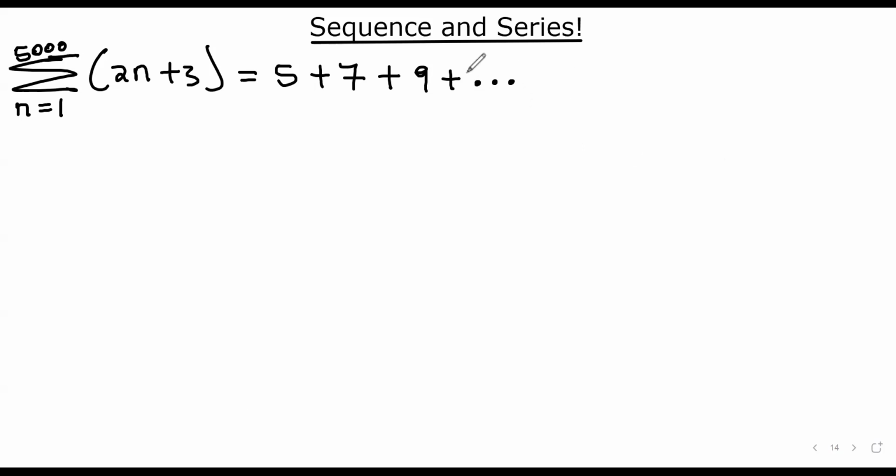But then for the term before the last, we substitute 4,999. And then we say plus 3. So we get 10,001. Then we substitute 4,998 there.